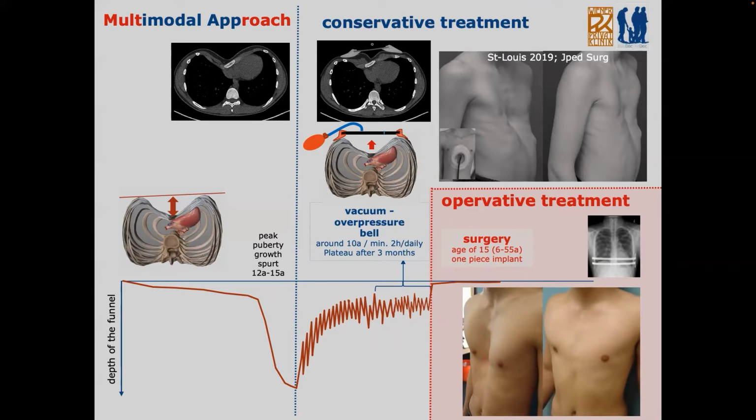When the conservative treatment is started, the vacuum bell must be adjusted and used daily for at least 2 hours. The funnel flattens, so you see here the saw-like curve, here the funnel flattens and deepens afterwards again because of the tissue's memory.